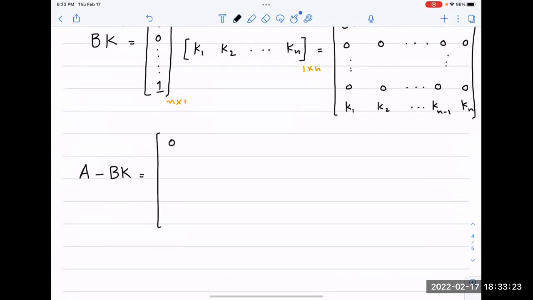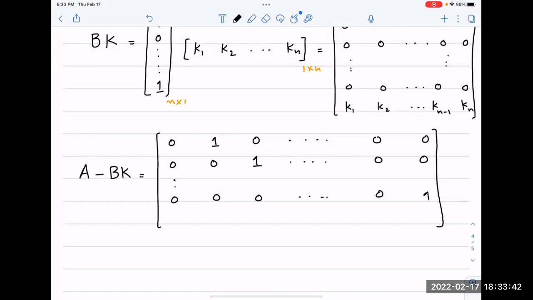So it will be again the standard form. Zero, zero, 1, 0, 0, and then 0, 1, and the last entry will be a little interesting.